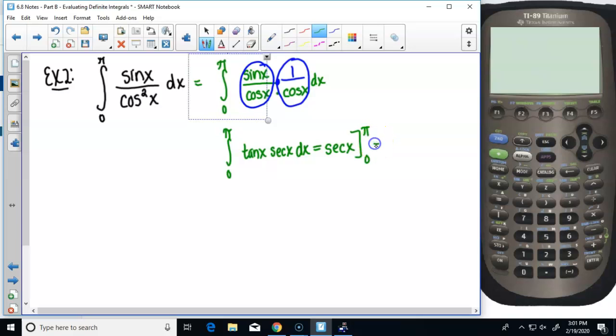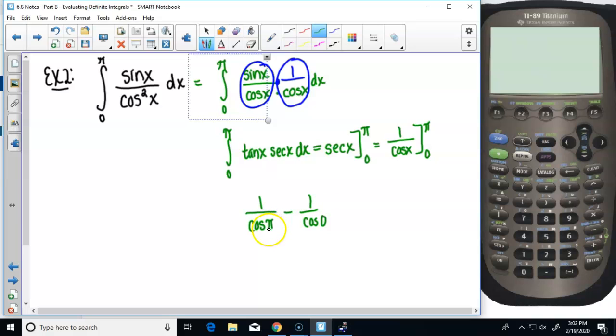I would probably even do this: secant x is 1 over cosine x, evaluated from 0 to pi, because I don't know the unit circle values for secant. So we would have 1 over cosine of pi minus 1 over cosine of 0.